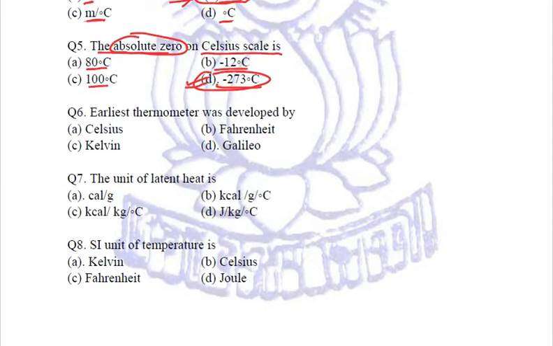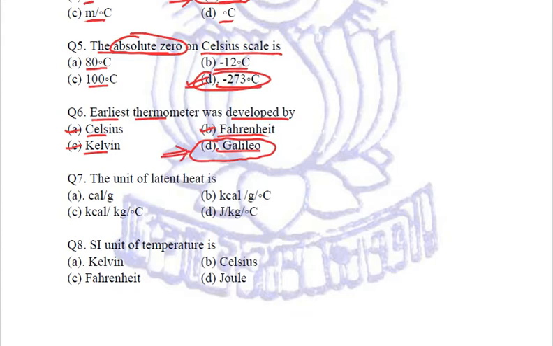Next question. This thing we haven't discussed while teaching. So if you know the answer, very good. But if you do not know the answer, you can mark it down. The question says that the earliest thermometer was developed by. Was it by Celsius, or Fahrenheit, or Kelvin, or Galileo? Now, in a thermometer we do have the Celsius scale, the Fahrenheit scale, the Kelvin scale, but the earliest thermometer was developed by Galileo.